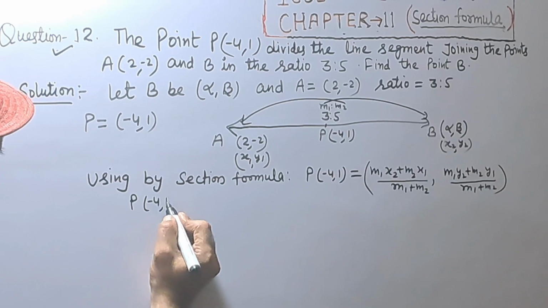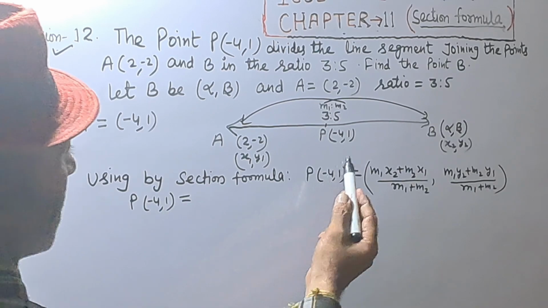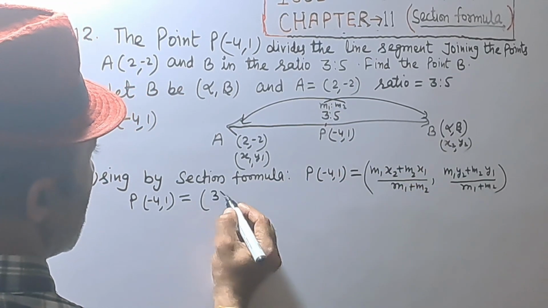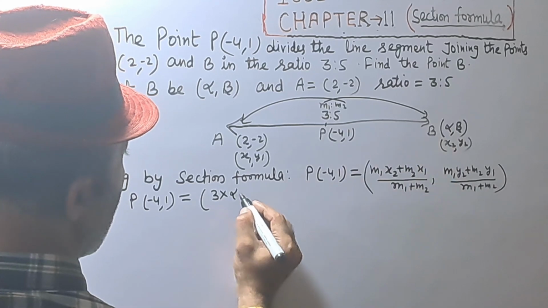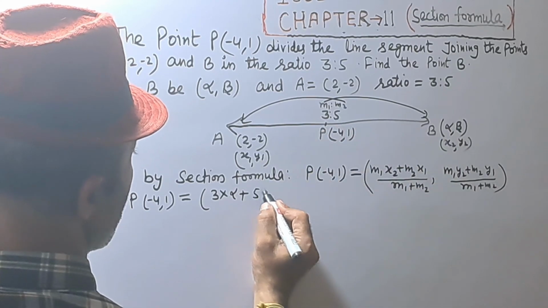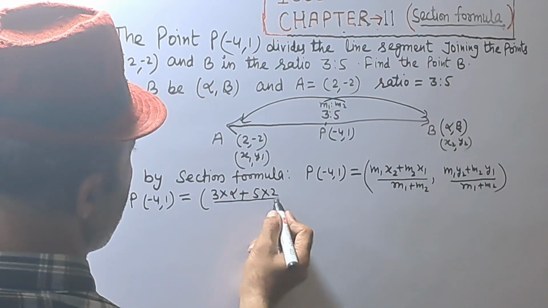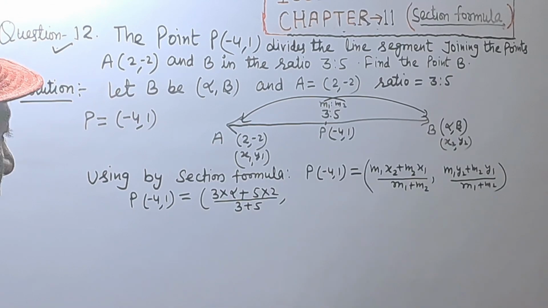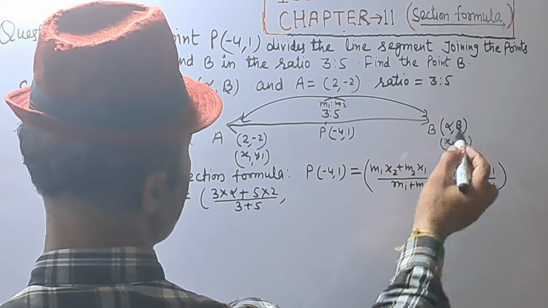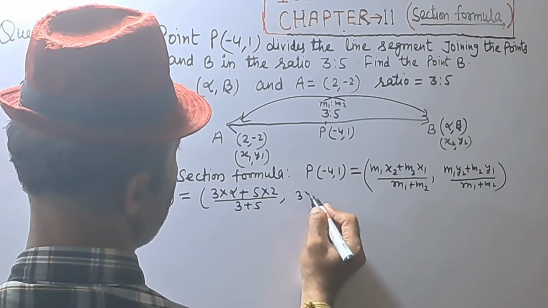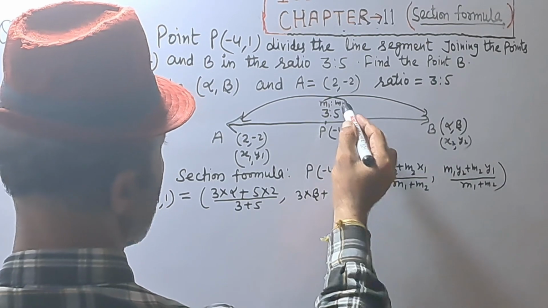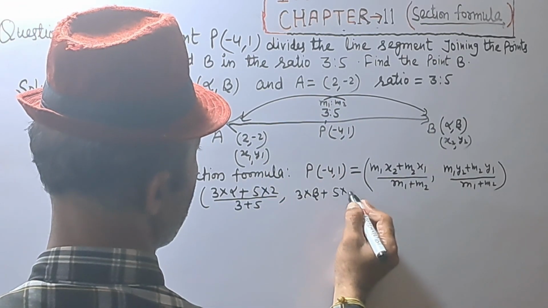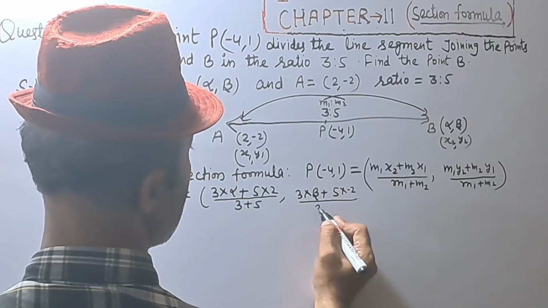P(-4, 1) is equal to m1x2, that is 3 into x2, which is alpha, plus 5 into 2, divided by m1 plus m2, 3 plus 5, and m1y2, 3 multiplied by beta plus m2y1, 5 multiplied by -2, divided by 3 plus 5.